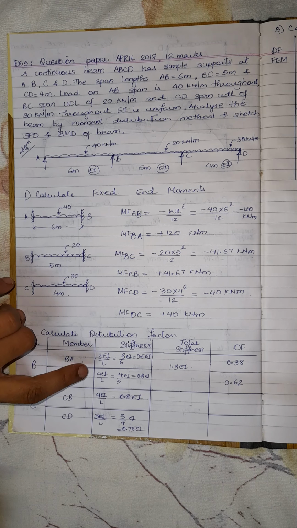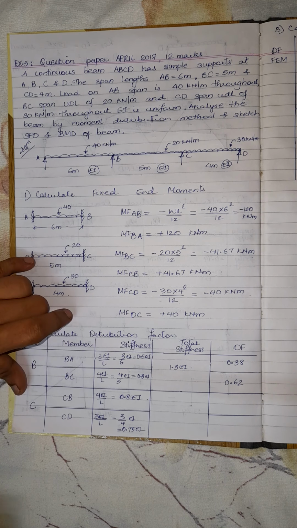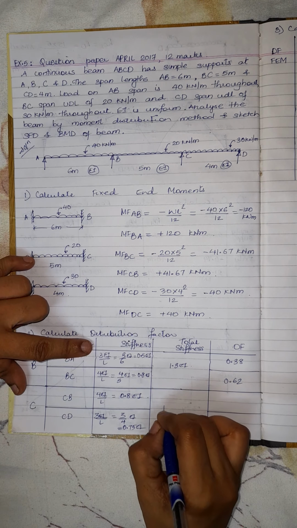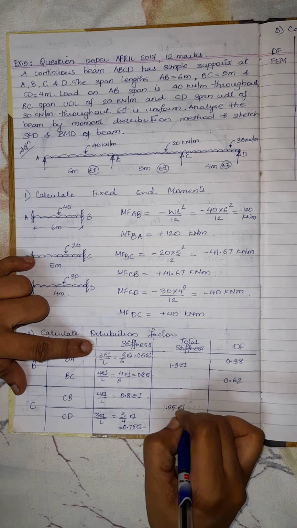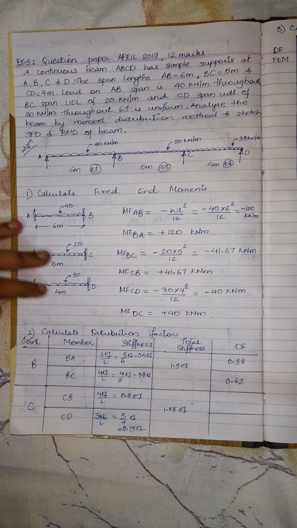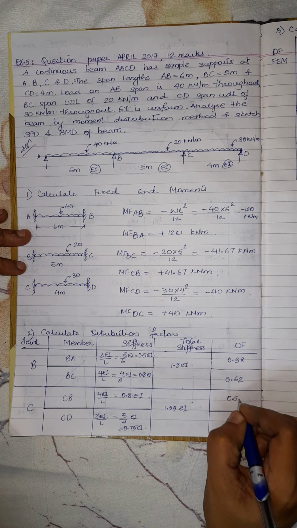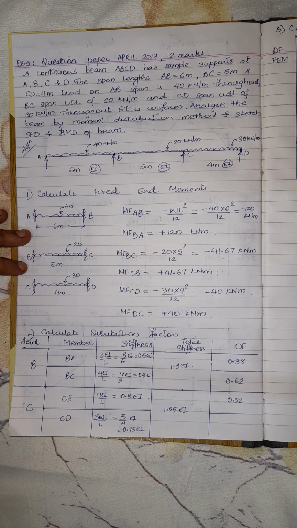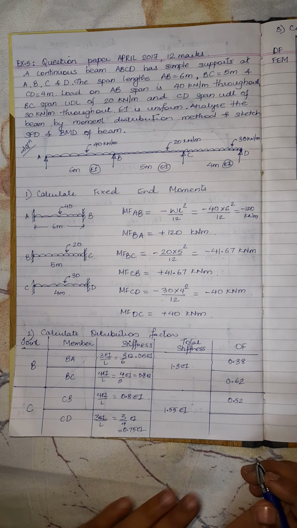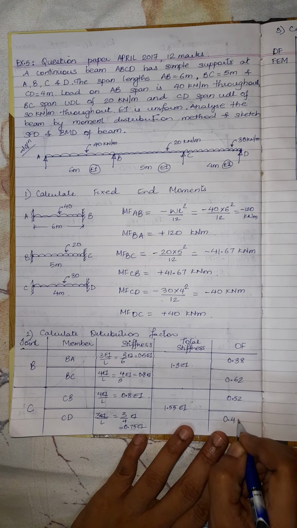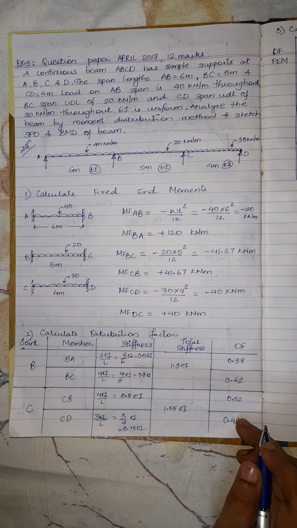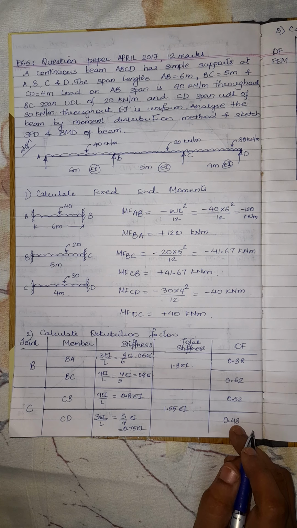We add it and we get the value 1.55 EI. Then 0.8 divided by 1.55, same steps, we get 0.52, and 0.75 divided by 1.55 gives 0.48. If you add this also, you should get one value at the joint.